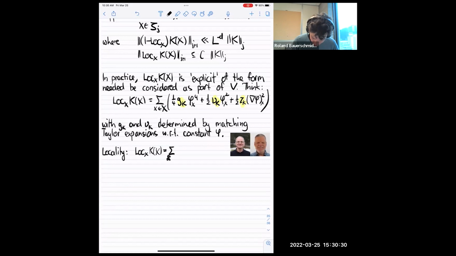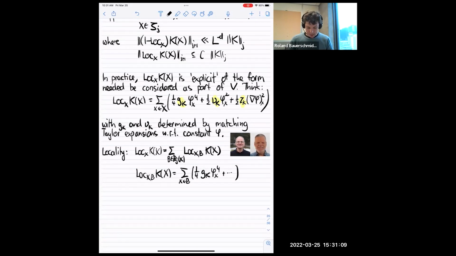You can write it as first the sum over blocks in x, and of something that I'll denote by log xb of k of x, where this log xb is simply the same, where I restrict the sum to b. It has this locality property that we can decompose the sum over x into parts that are associated with blocks.